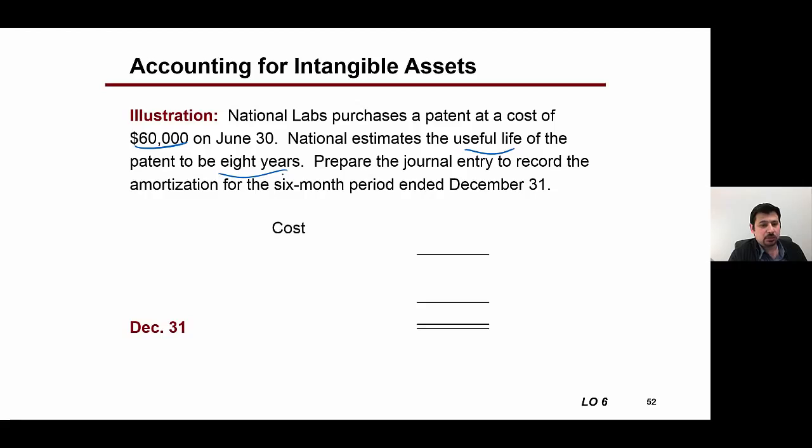In this case, we have the cost and then we divide it by the useful lifetime, which is 8 years, and that will give us the annual amortization expense of 7,500.